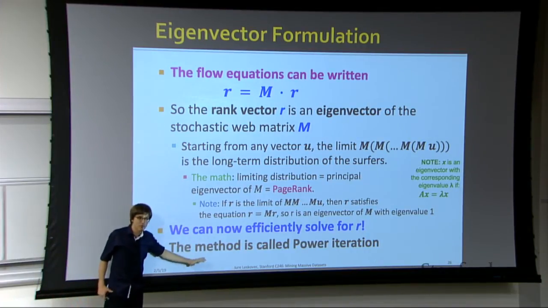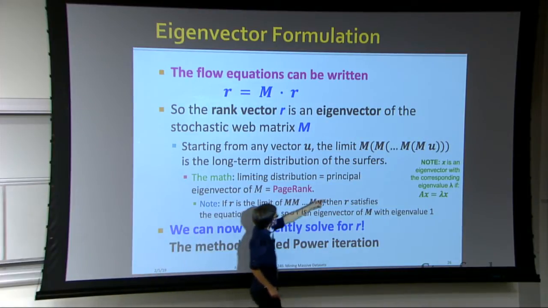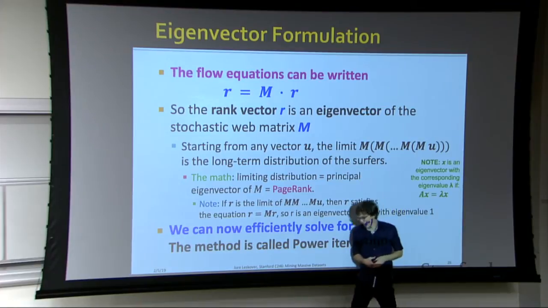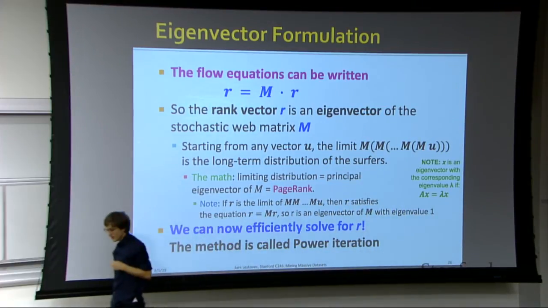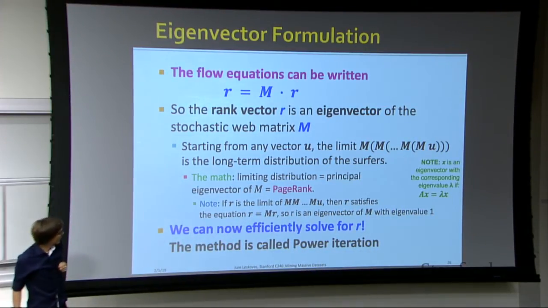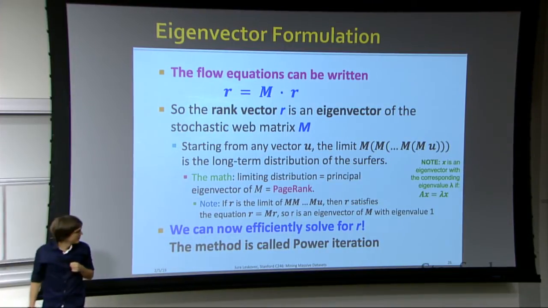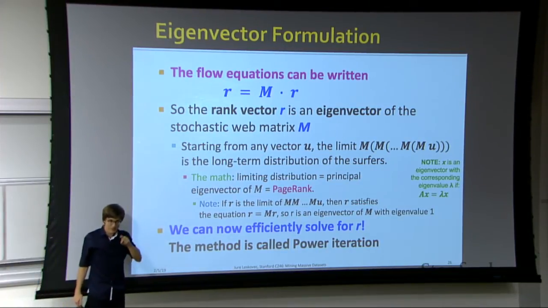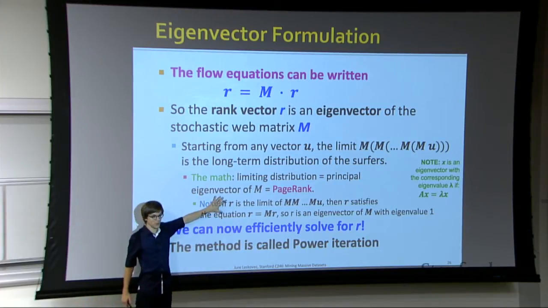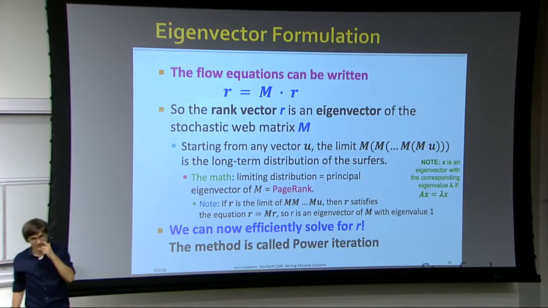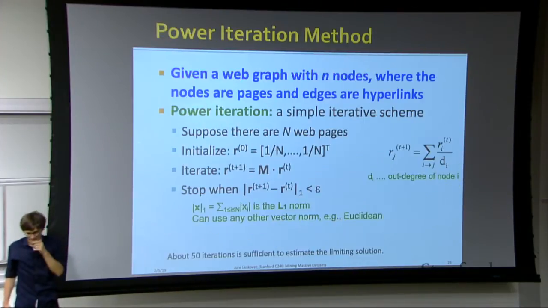This is called power iteration because we are just iterating u times M, and we keep doing that. What I have next is to explain this power iteration a bit more. What I have hidden from the presentation but is in your slides are proofs of why this works and why it converges. It's like 3 slides, it's not too hard math.